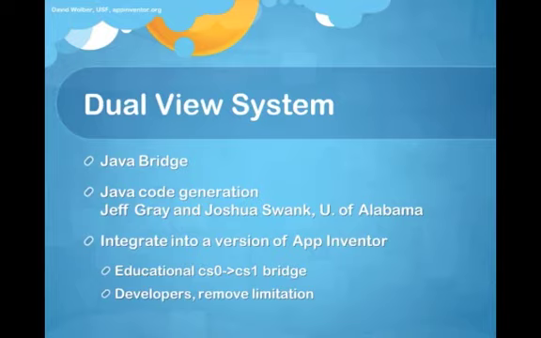I think this has great potential, both for education, for a student to be able to make that bridge from visual to regular code, and also for developers. For a professional tool, what you really want is the ability to get down to the lower level code so there are no limitations, so you can do whatever you want.